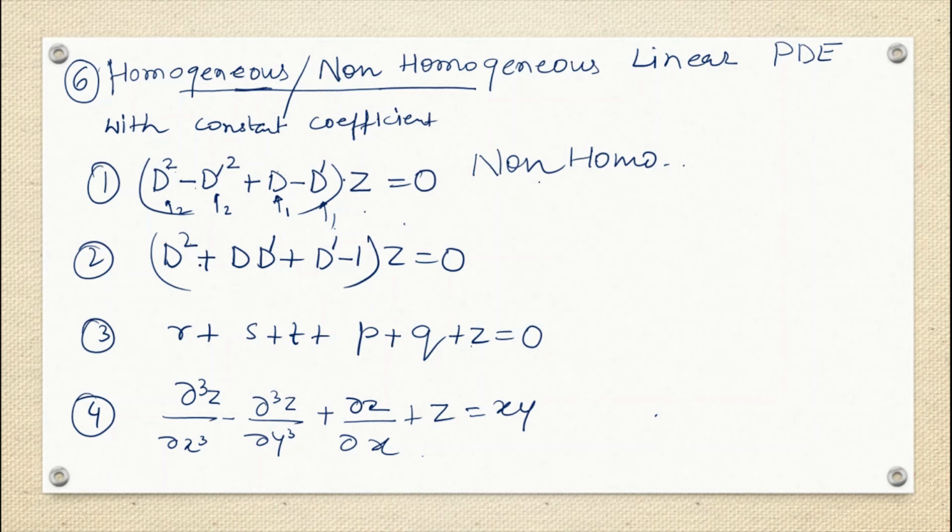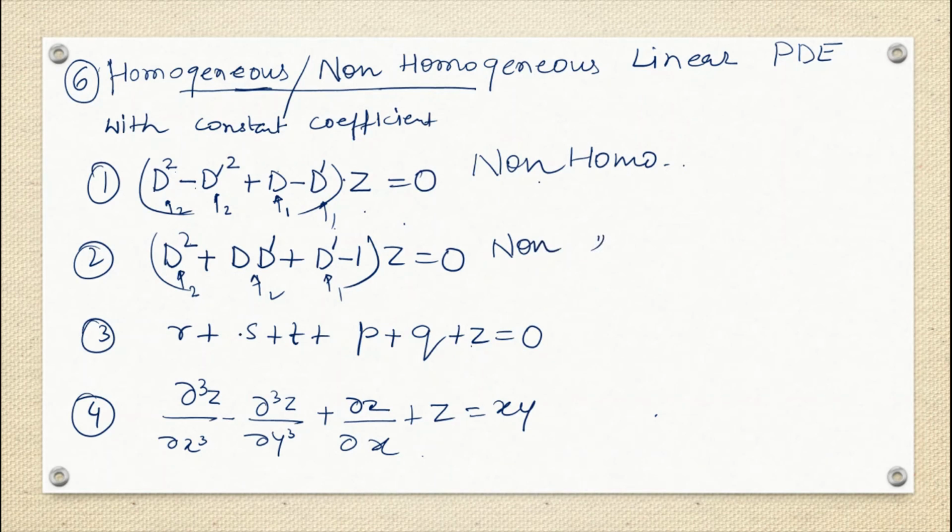Then I just have to check whether they are homogeneous or not. So here again the order of this partial derivative is 2. Here the order is 2, correct? One is from here, one is from here for D and D', so order is 2. The order here is 1. So here we will stop right now, because the order is not the same in each and every term's partial derivative. So we will say this is also non-homogeneous, fine.